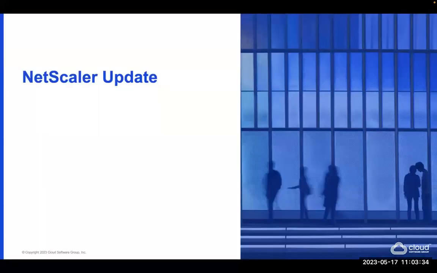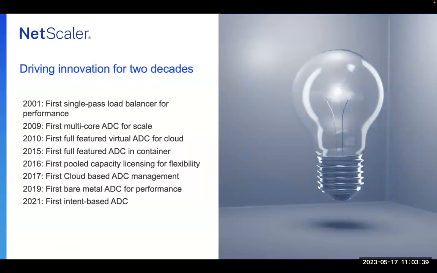All right, so let's get started with our update for today. Just a brief recap of NetScaler, for those of you who are still new to NetScaler, or for those of you who are already familiar with it, this is more like a revision. But this has been a very exciting 20-over-years journey. The product NetScaler has been around the market.